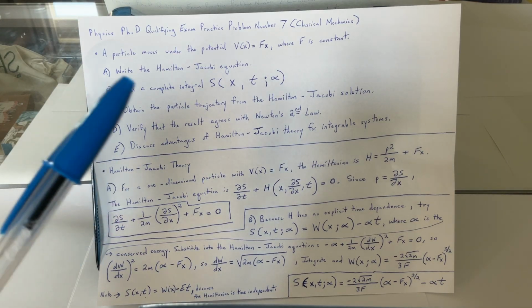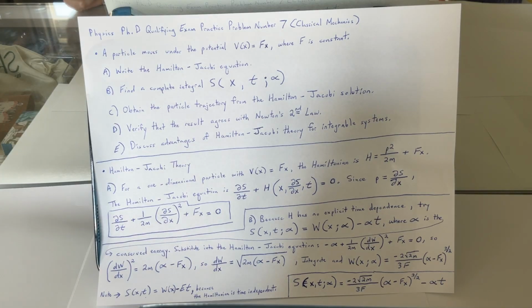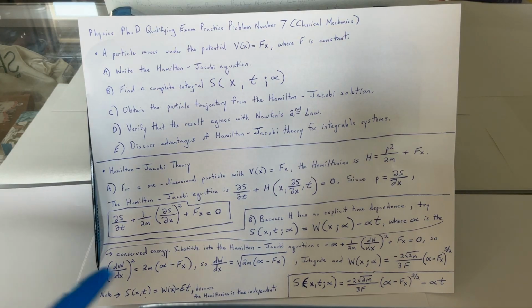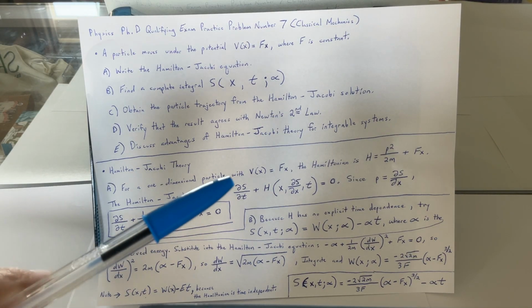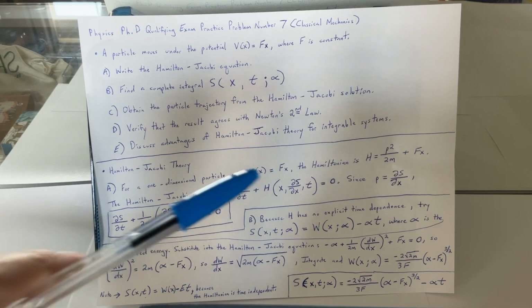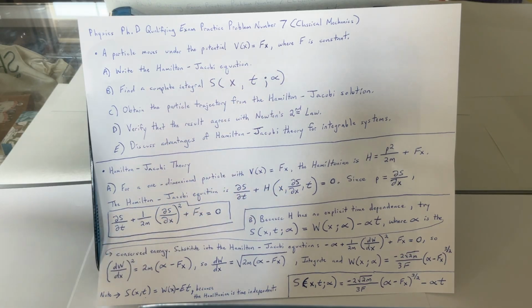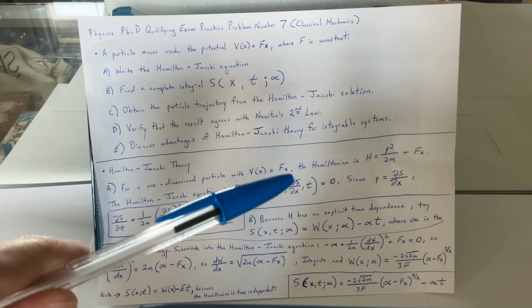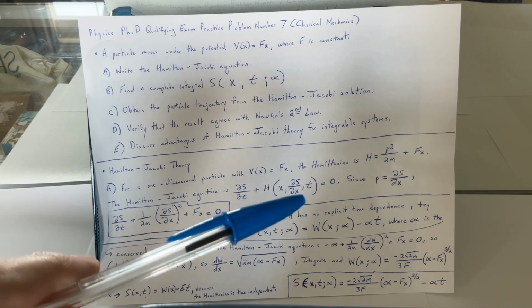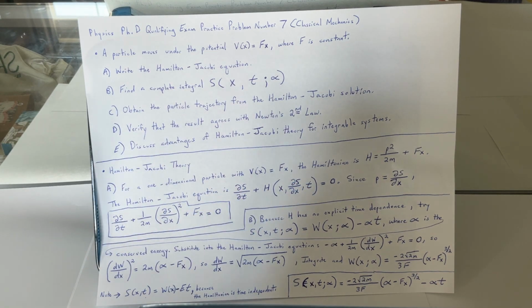Part A. For a one-dimensional particle with V(x) = Fx, the Hamiltonian is H = p²/2m + Fx. The Hamilton-Jacobi equation is ∂S/∂t + H(x, ∂S/∂x, t) = 0.